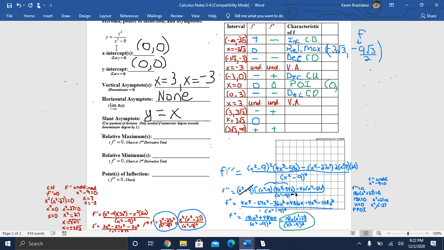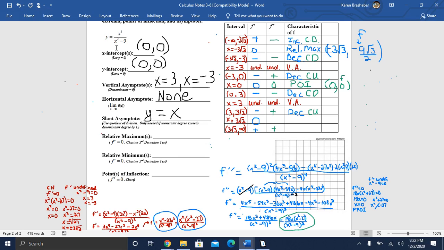We can plug 0 into the original problem. Make sure you plug it into f, and you will get a 0 for the y value. All right, and then we have your vertical asymptote. We'll look at f prime being negative, so continuing to decrease, and then we have concave up.